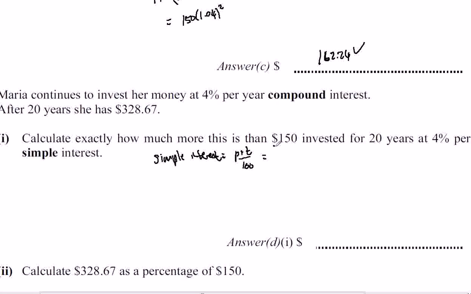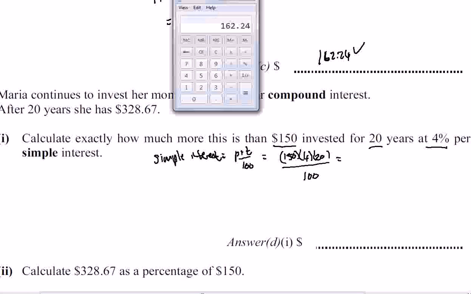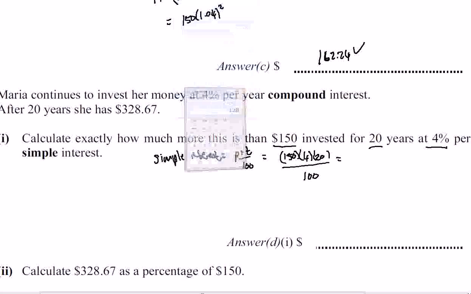The principal she's putting in is 150 at a rate of 4% per year for a time period of 20 years, over 100. Using our calculator, 150 times 4 times 20 divided by 100 is 120.